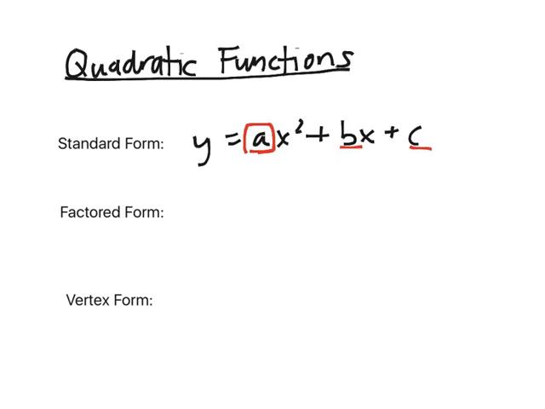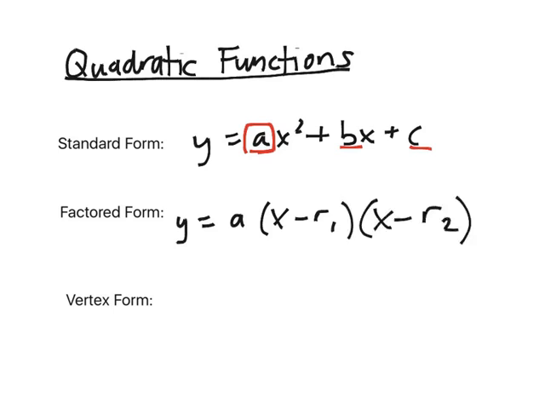Factored form is y equals a, which is the same a as above, times x minus r1 times x minus r2. And the factored form doesn't always exist. It depends on what your function is and what your standard form is. You remember from the last video that parabolas have solutions, or roots.